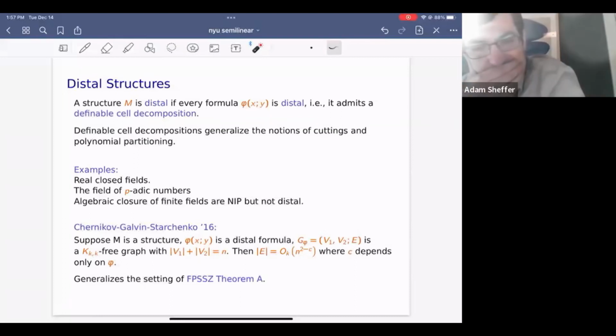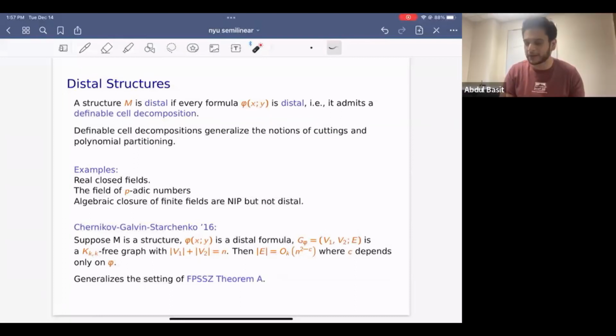Inside the cells, they end up using the bounded VC dimension result, so I'm a little bit unsure about how things work. Maybe Sugata understands a little bit more. From my understanding, because they were using the bounded VC dimension result inside the cells, I was assuming that says something about distal structures being related to NIP structures, but I could be wrong here.